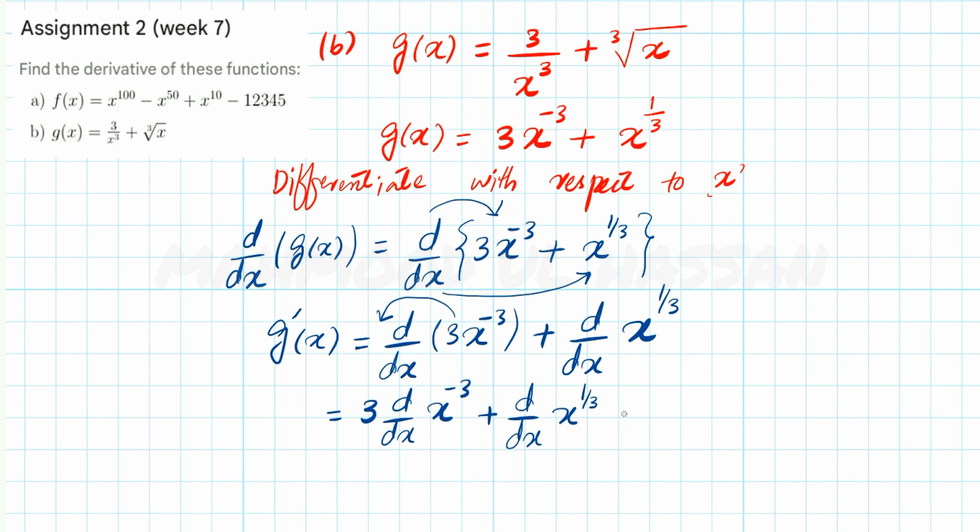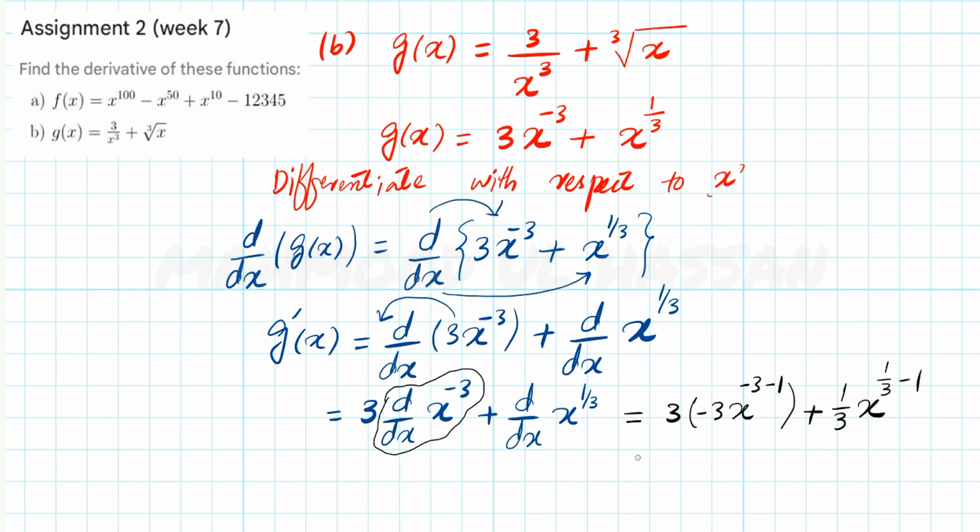Here we are going to apply the derivative, and we will use the power rule again. So this power negative 3 will multiply with x to the power negative 3 minus 1, and the same way here, plus this power 1 upon 3 will multiply x to the power 1 upon 3 minus 1.